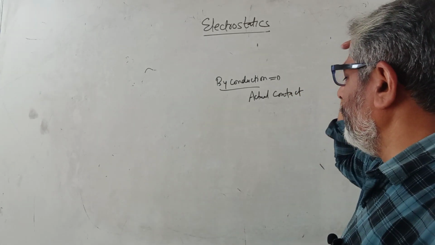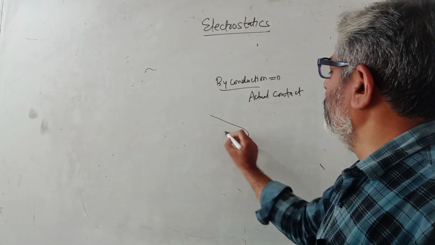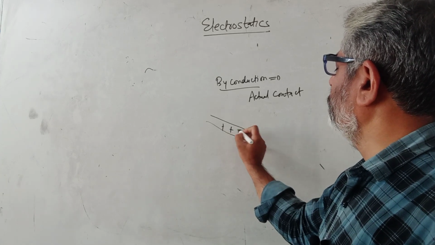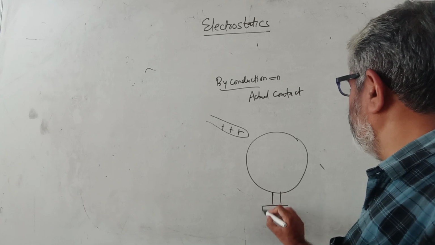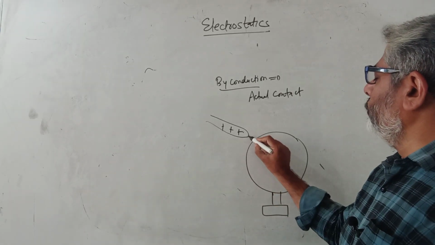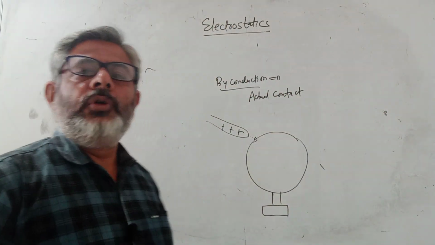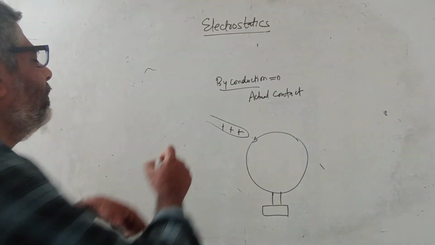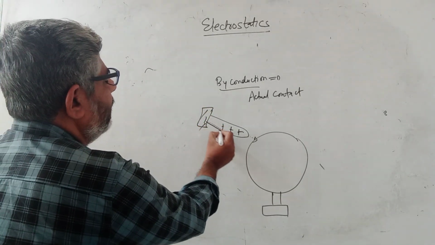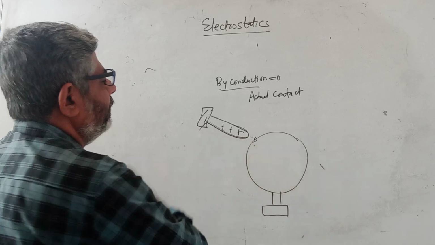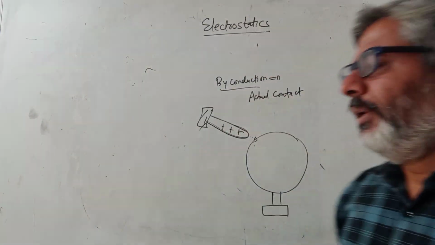Let us say, for example, this is some rod which contains some amount of positive charges, and this is a metallic sphere placed on a wooden stand, and then you bring it in contact with this. If it is a metallic rod with some handle, then it's very easy. Connect it with this sphere, and let us say the sphere is uncharged.